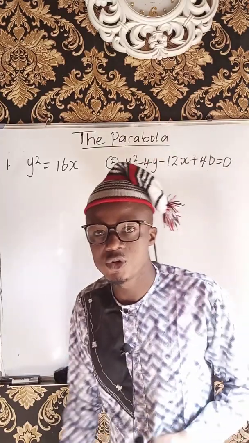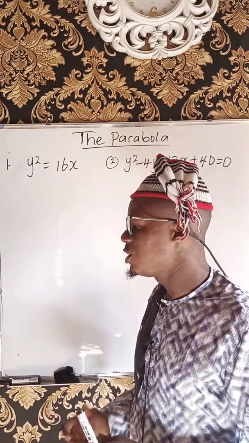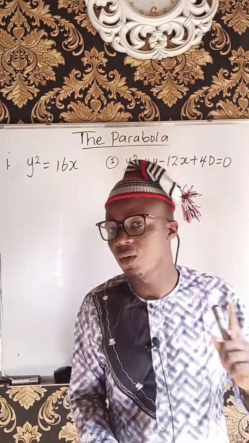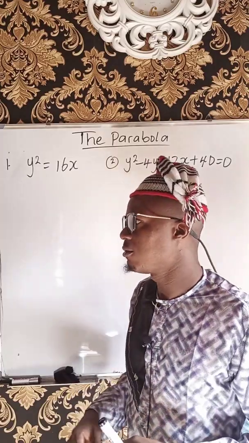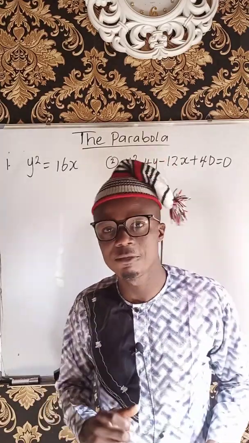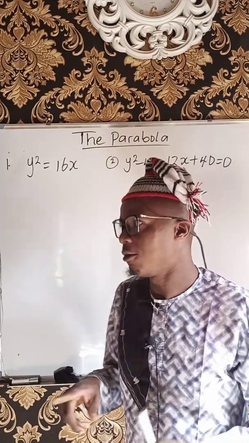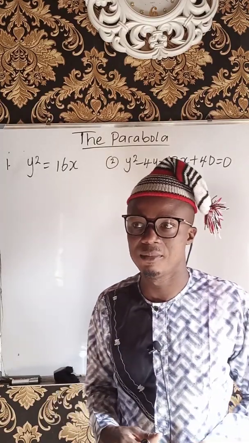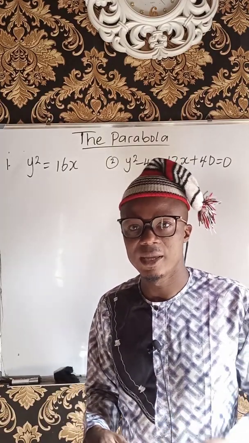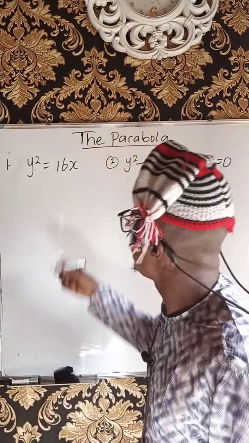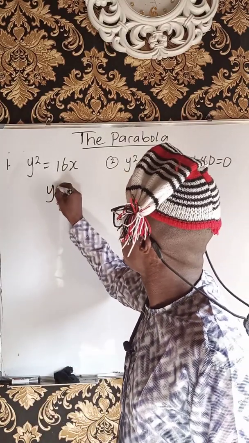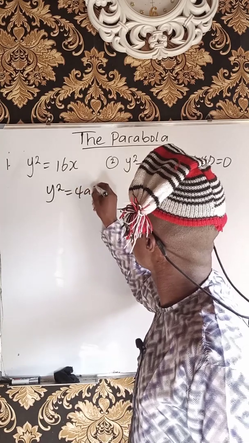Another thing you need to know about the parabola is the equation of a parabola and also the equation of a parabola in the canonical form, or the standard form. Normally the equation of a parabola is y squared equals 4ax.